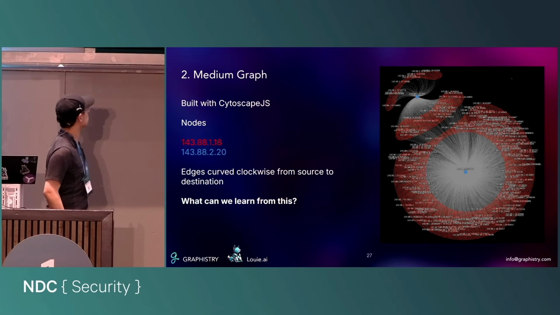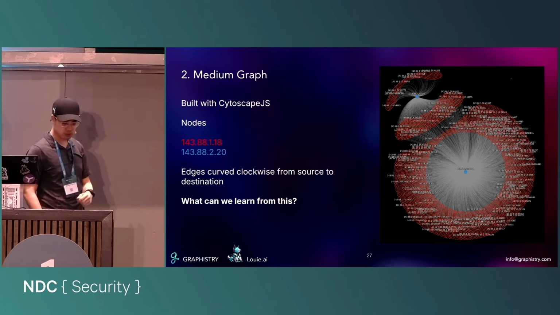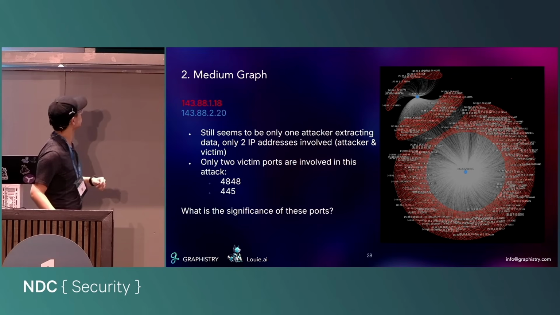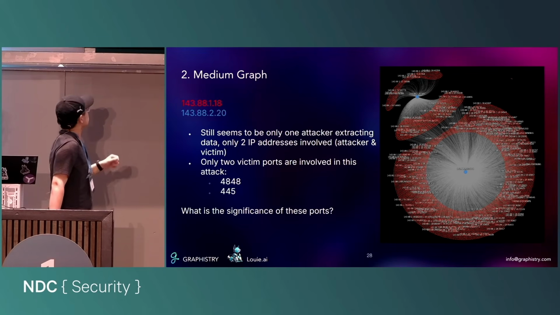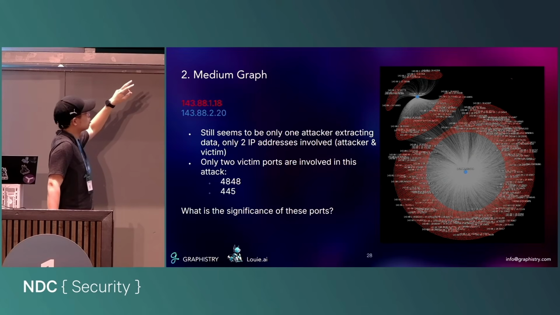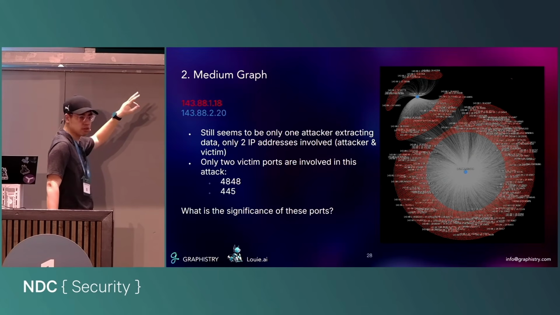Same thing for the edge curvature. So what can we learn from this? One thing we learned is that there seem to be only two ports involved on the victim's computer: 4848 and 445.